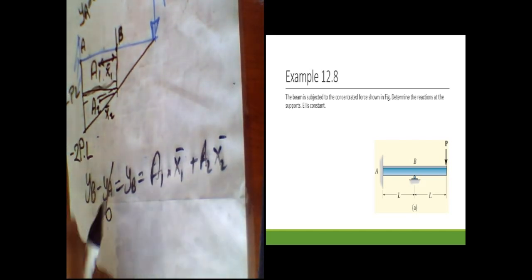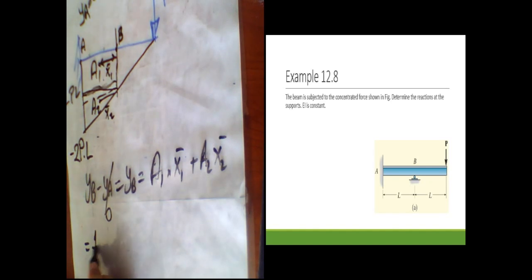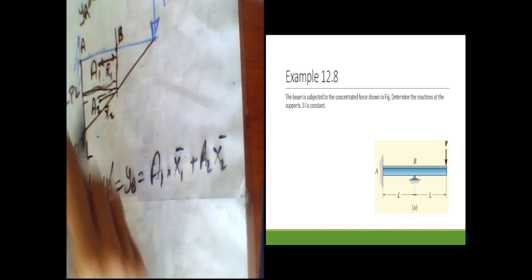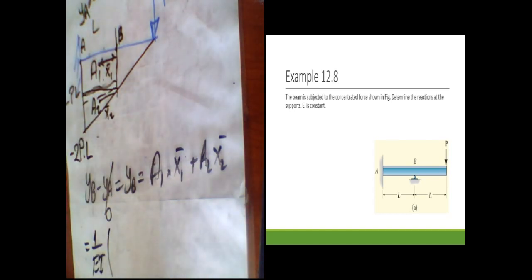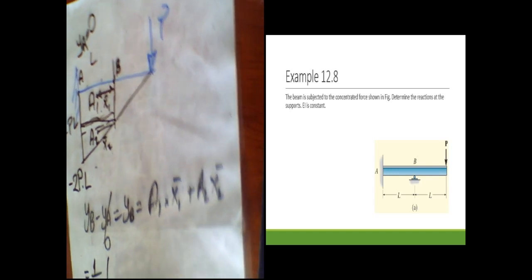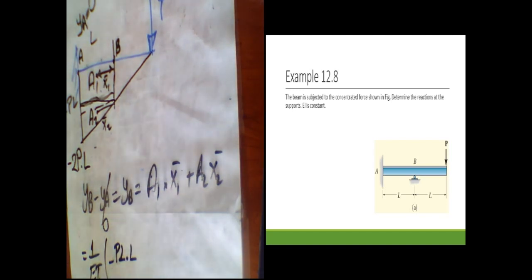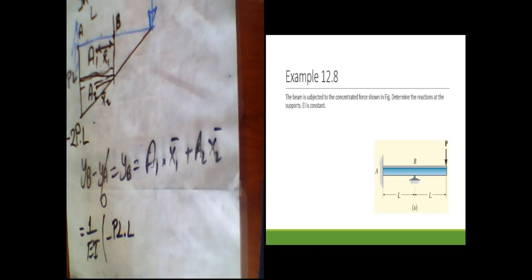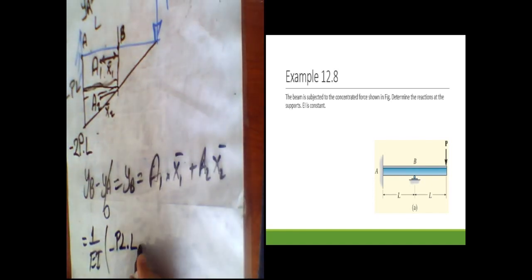So A1 is equal to, don't forget to divide by EI, 1 over EI times, I want to put parentheses, A1 is equal to, this length is L, and minus PL times L, area 1. X bar is half of 2L, therefore I have to write L over 2.